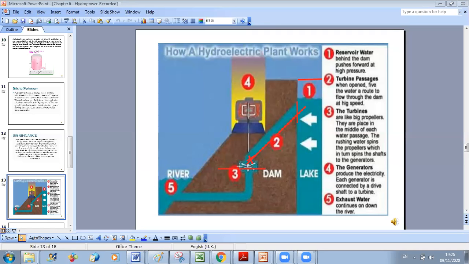Once in contact with my turbine, I will transform this kinetic energy, as we have seen in the introduction chapter, into mechanical energy of rotation. Okay, so I will rotate the blades of my turbine, and the turbine in turn will rotate the axis of the shaft of a generator, which will lead to production of electricity.